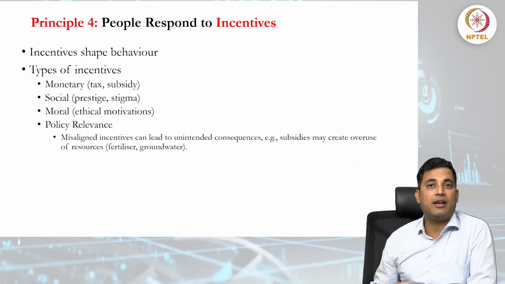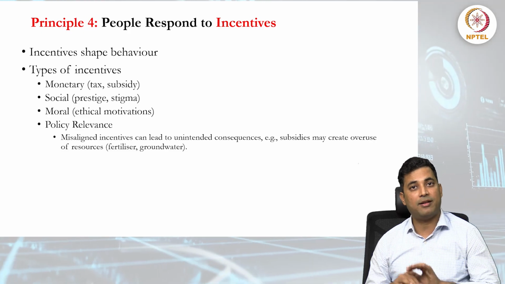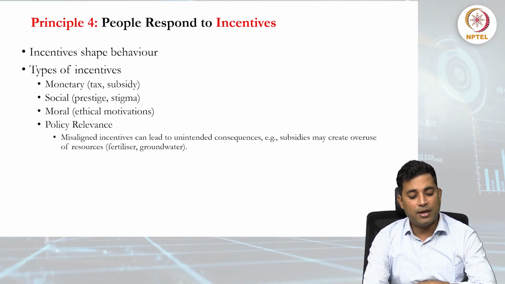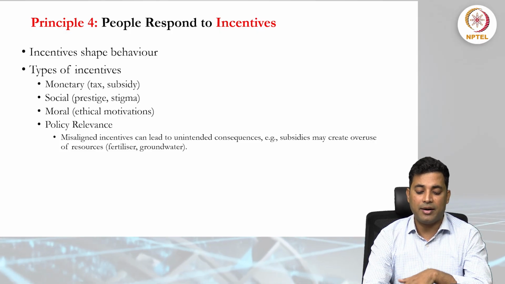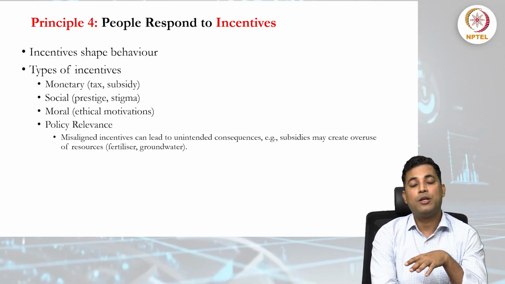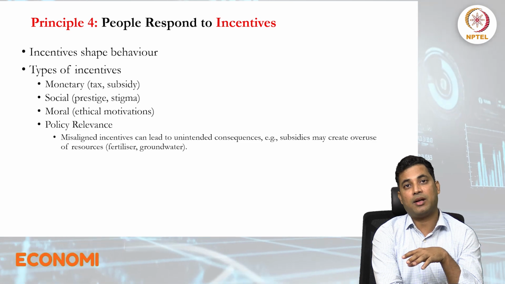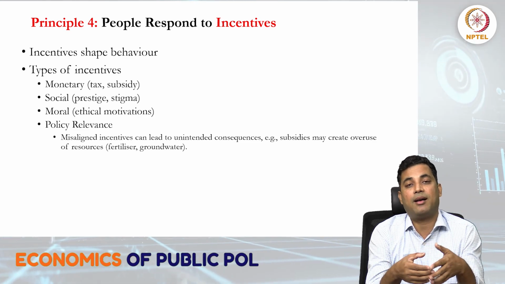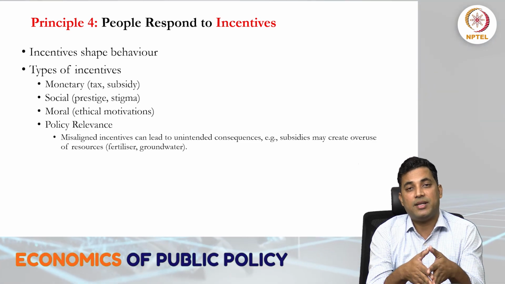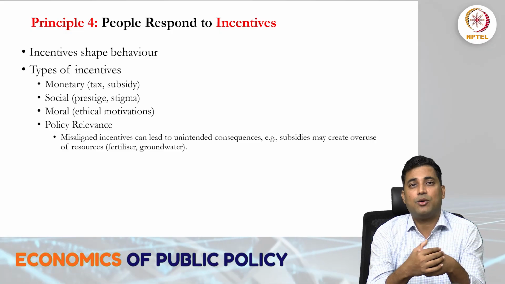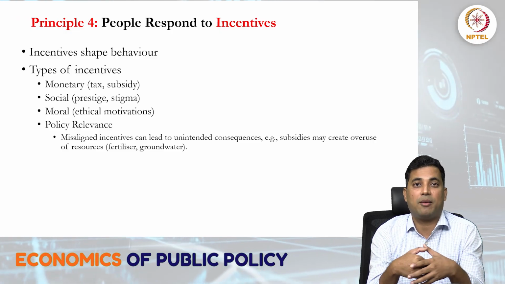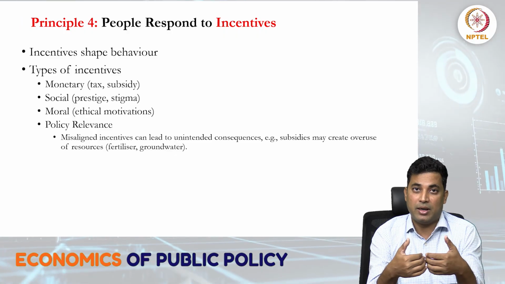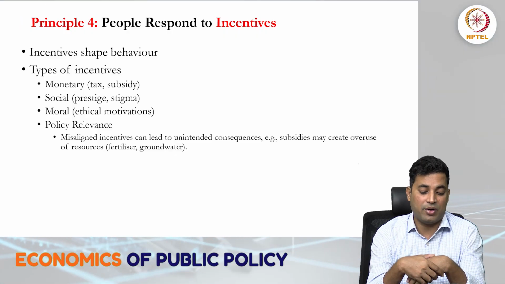And also policy relevance, which is more important in this particular discussion: misaligned incentives can lead to unintended consequences. In our policy descriptions, when we describe public policy, we discussed that not only good policies are to be considered, bad policies can also be considered, because we have to remodify the bad policies.